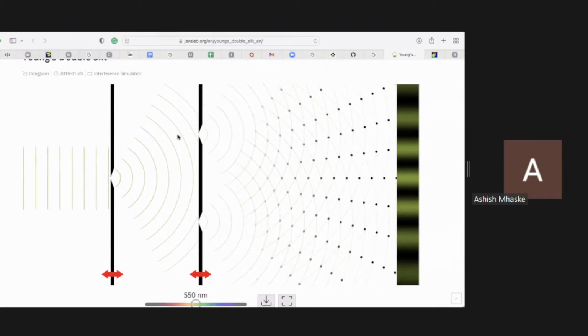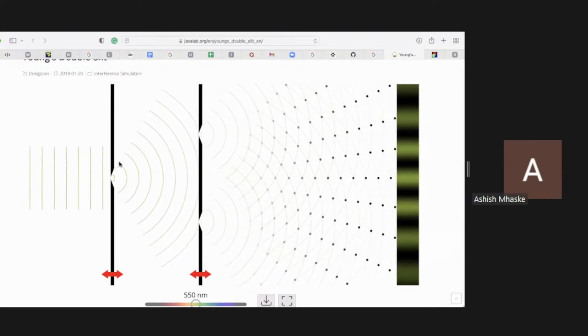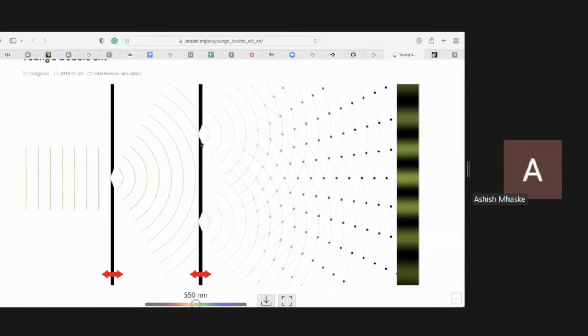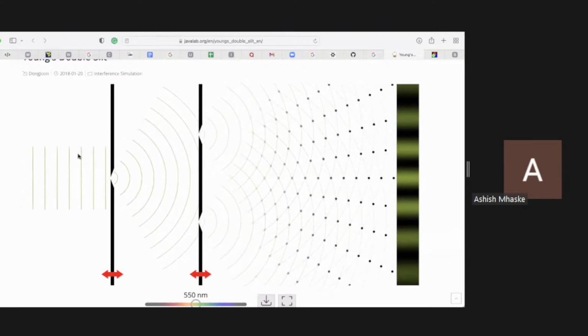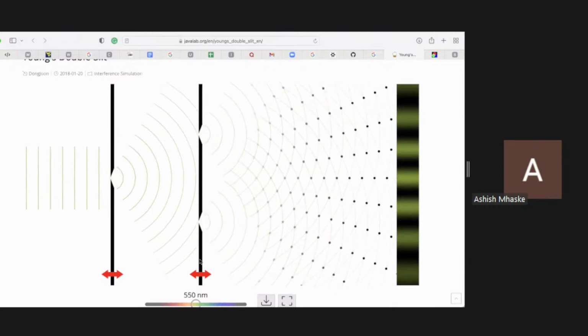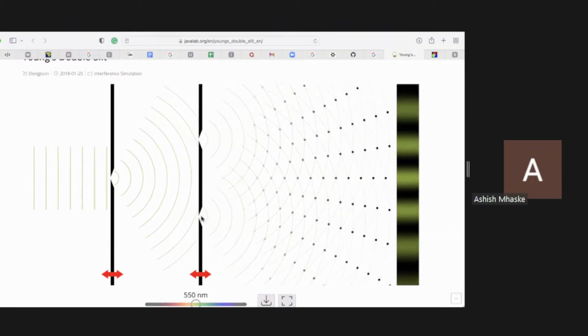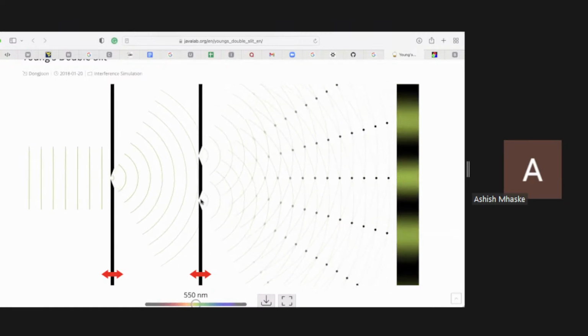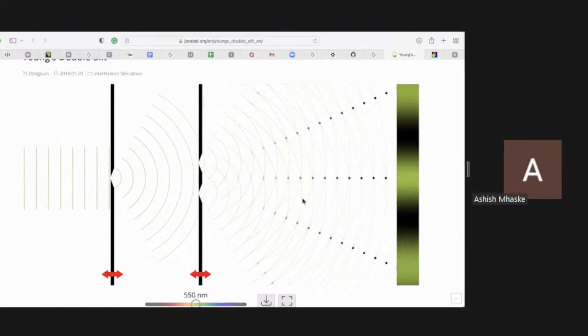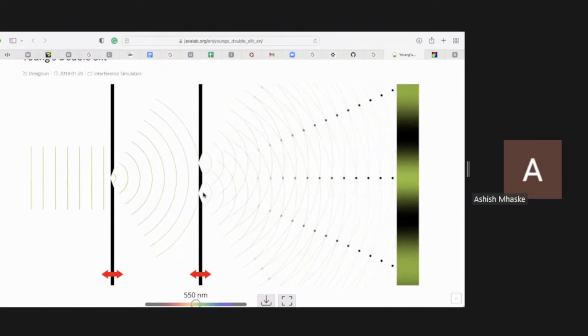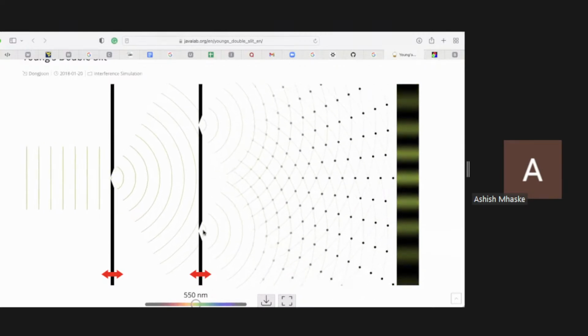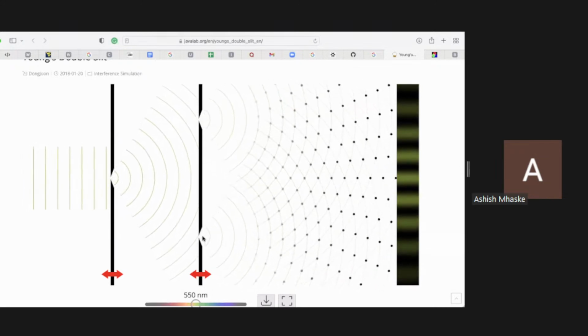There is one more slit which creates these wavefronts. But for simplicity, you can assume that the wavefronts falling on these two slits are plane wavefronts. The principle here is that if you reduce the distance between these two slits, the fringes will become wider and wider. And if you increase the distance, they will become narrower and narrower.